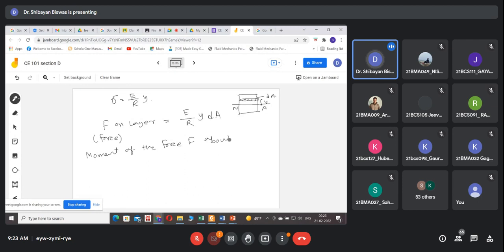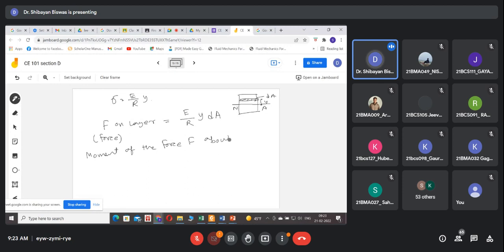And when Y is the maximum, then I by Y max can be called the section modulus Z. So M equals sigma max into Z. This is another form of the expression where Z is the section modulus of the beam section, which is defined by I by Y max, and as Y touches its maximum value, sigma will also be the maximum.